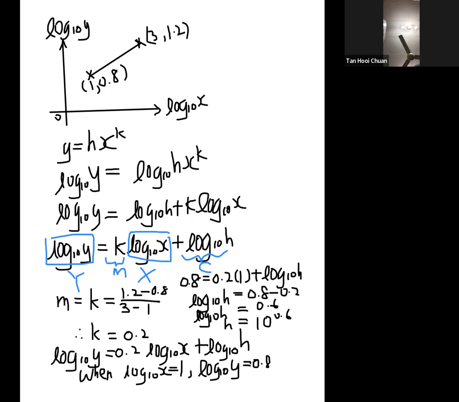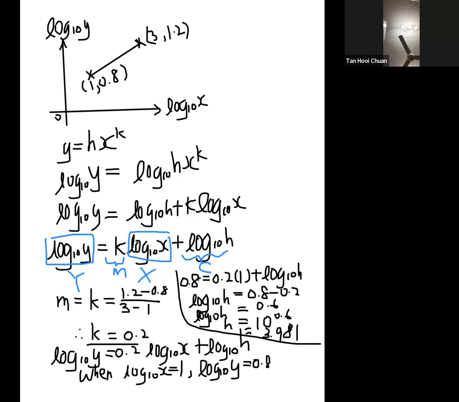This one needs a calculator. Any questions? If no question, I show you the next one. Using the calculator, 10 power 0.6 is 3.981. Okay, no problem.